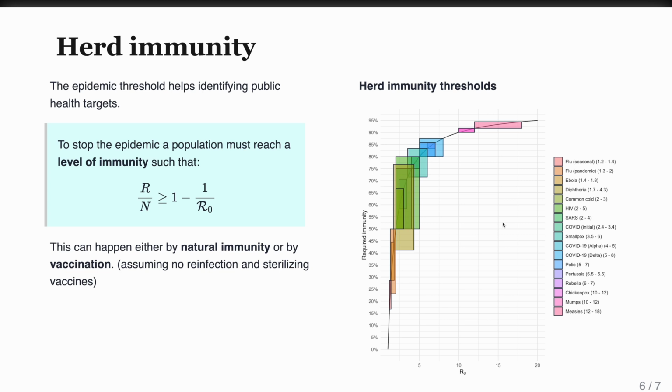Of course, this has to be the case, because if we had a very deadly disease with a very high R0, probably humankind would have been wiped out already. And I mean, it's not the case. It's not given that this won't happen in the future, but usually it's quite rare.